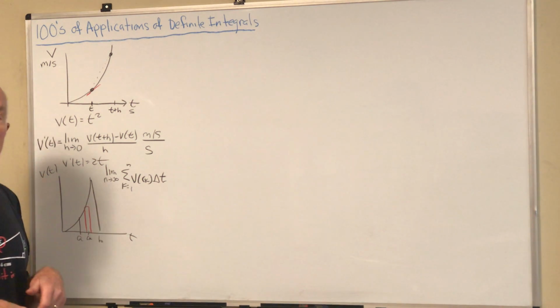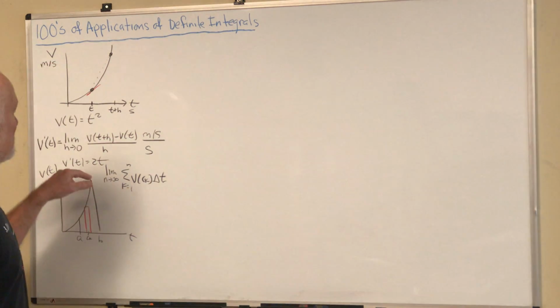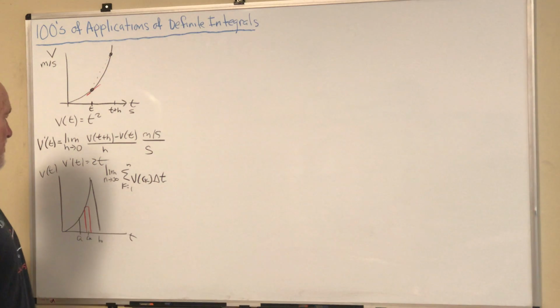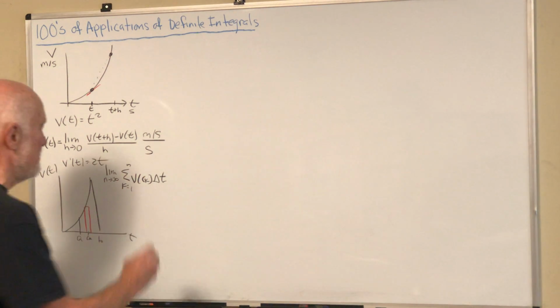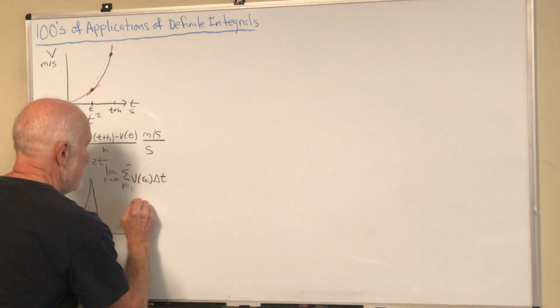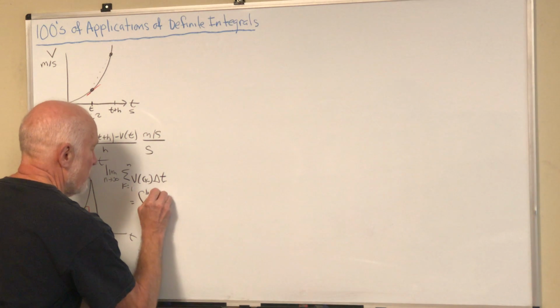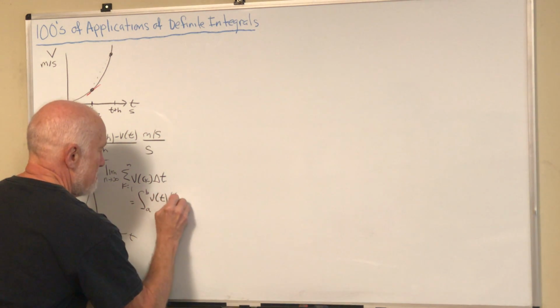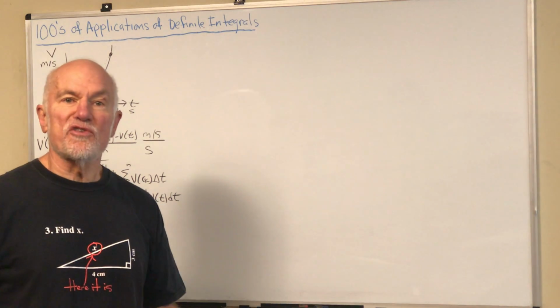So limits again became valuable, even though we're not using them to find some specific answer. It allows us to find this infinite Riemann sum, which we called, in shortcut form, a definite integral. And we've now found a lot of uses of definite integrals in this chapter.